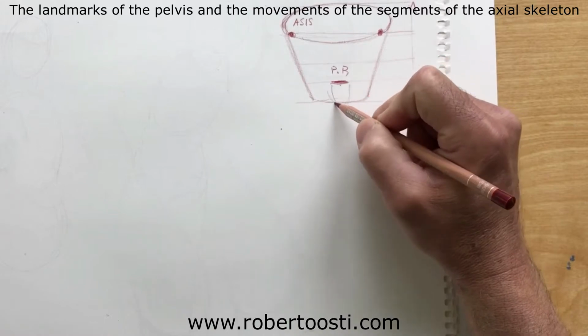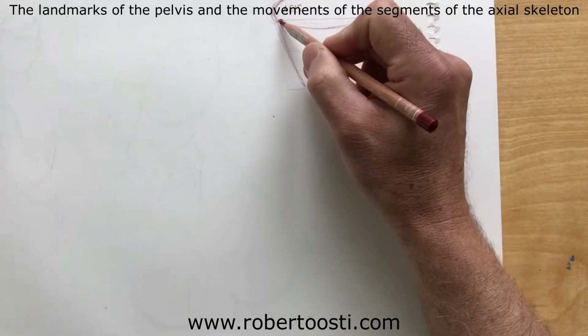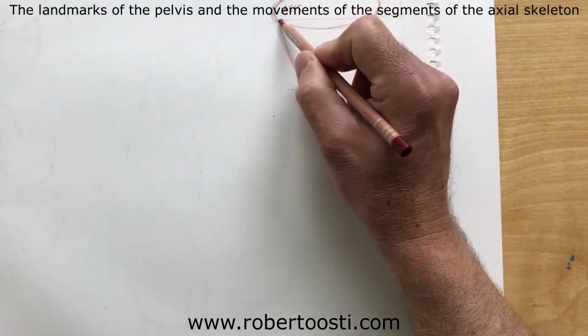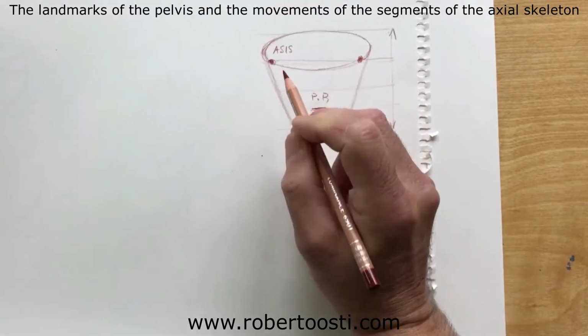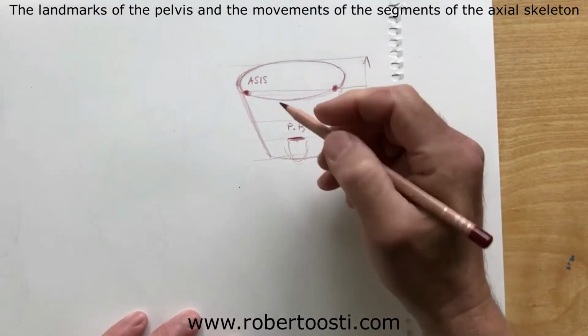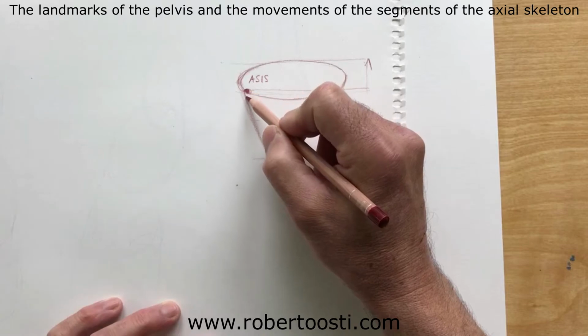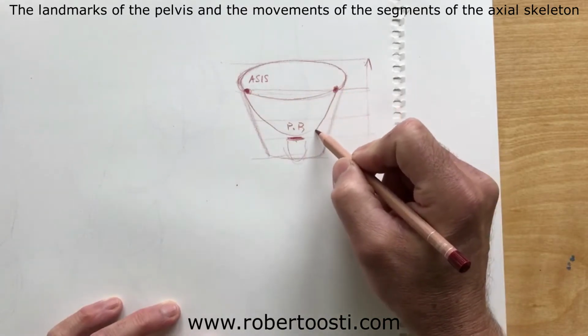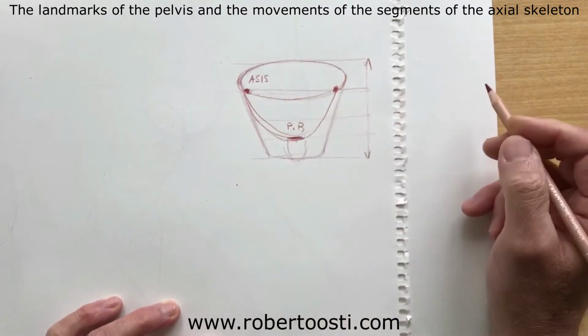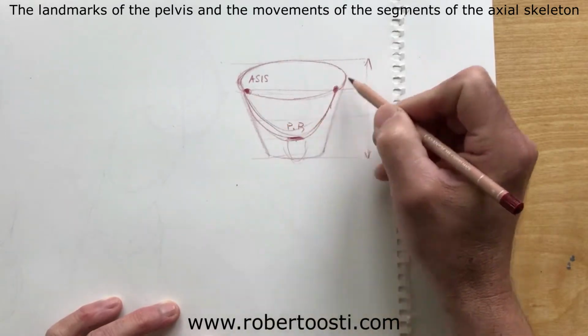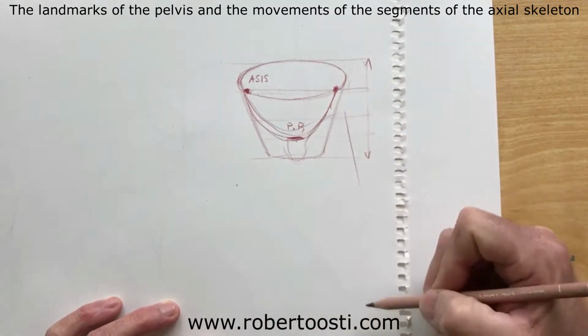The genital will develop below here. From the iliac spine down to the pubic bone here, I have the inguinal ligament. The crotch. And the leg develops below that.